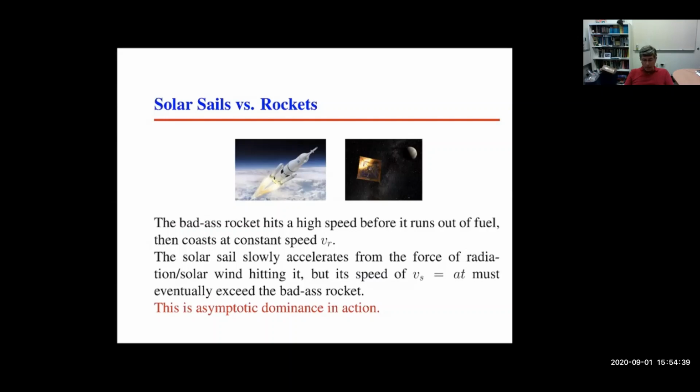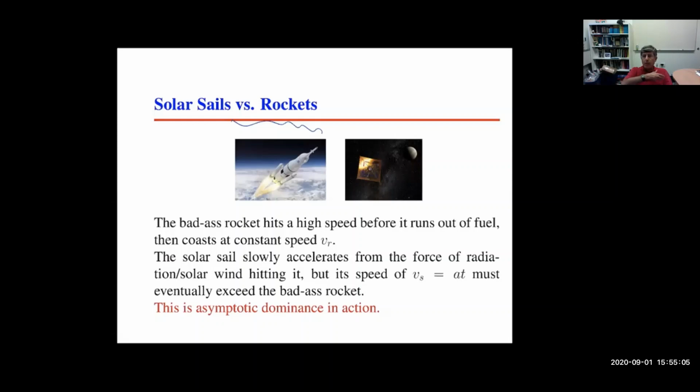The example I would give: there are two kinds of spaceships that have been proposed to sail to other planets and galaxies. One of them I'm going to call a badass rocket, this big thing that burns a lot of fuel, shoots into space, gets going 20,000 miles an hour and just keeps going.